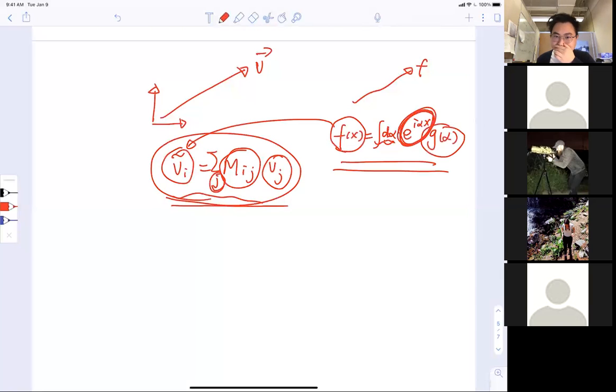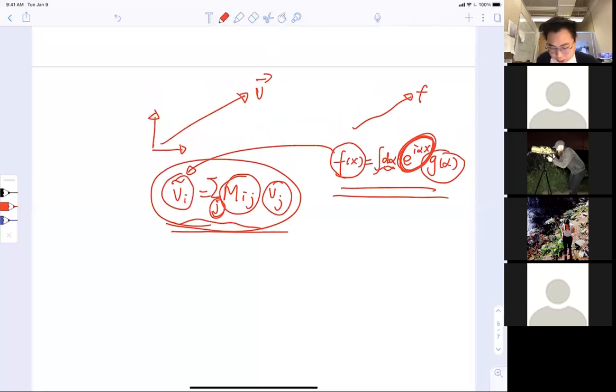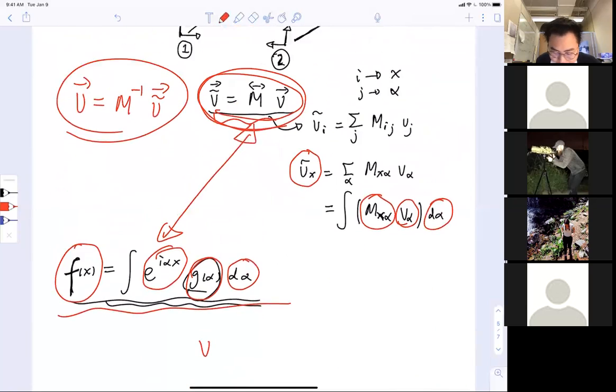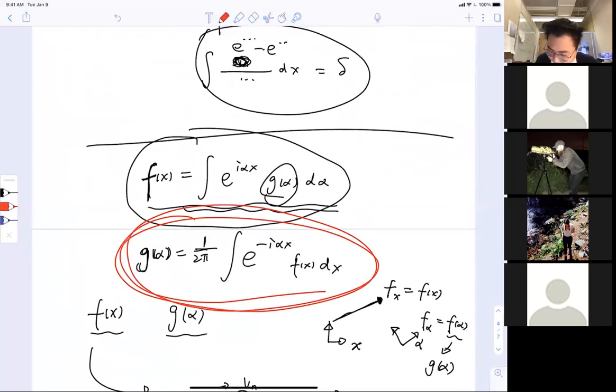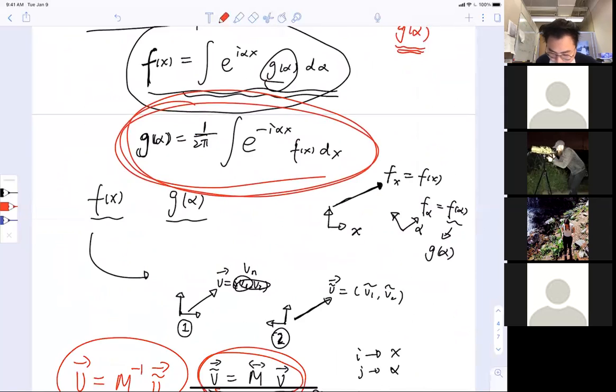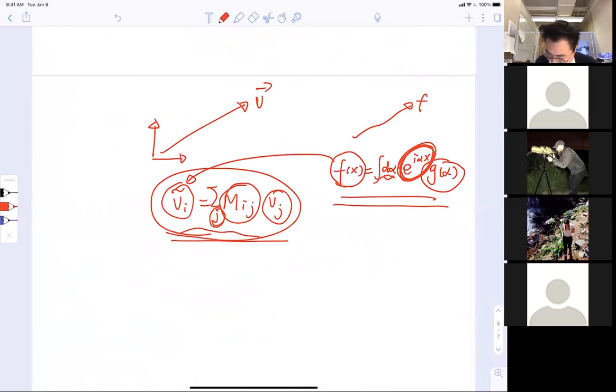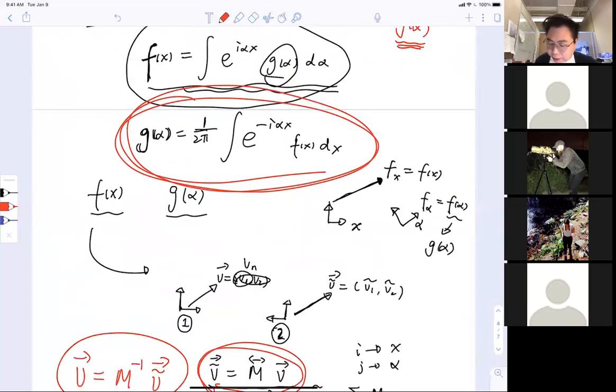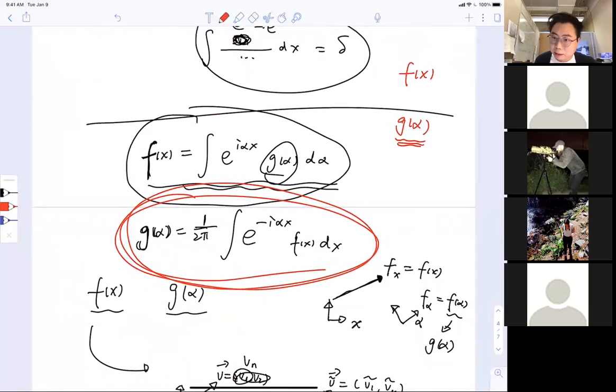All right, thank you. Right. So the point is, there is an original function, and there is a Fourier transformation, this Fourier function. They're just the same thing viewed in different bases, and that means they contain the same information.